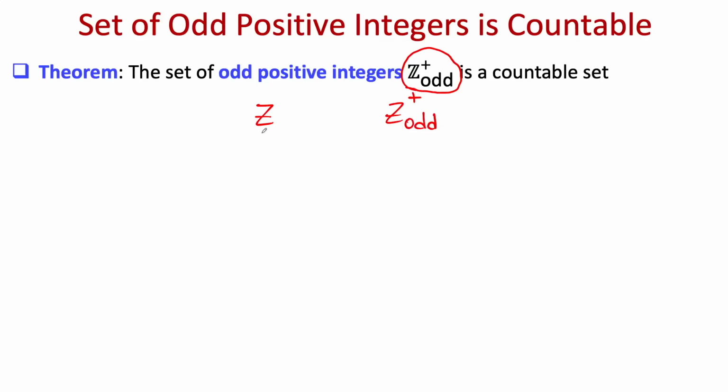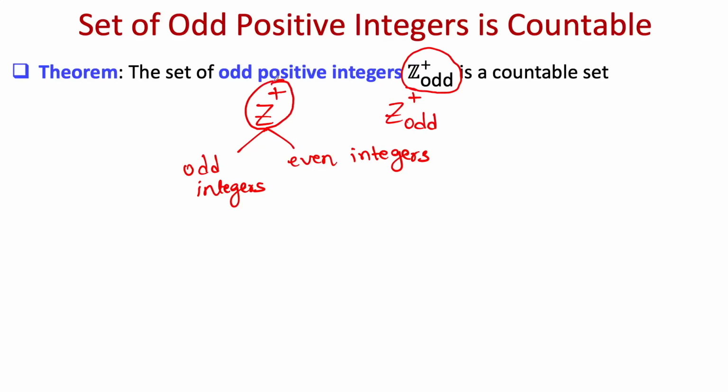The set of positive integers, to be more precise, has both odd integers as well as even integers, and both these sets, the set of odd positive integers and the set of even positive integers, each of them is an infinite set. What I am going to show here is that cardinality wise, the set of positive integers and the set of odd positive integers, their cardinalities are same by showing a bijection.